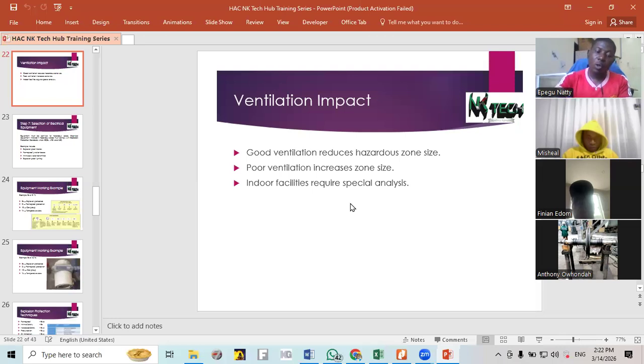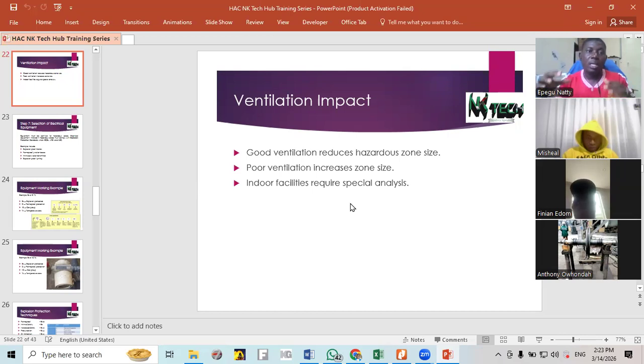Now also, although they use some radiographic transmitters placed on your tank to measure the level, that is also equipment that is there. So your zone 0 is most likely inside your vessel.